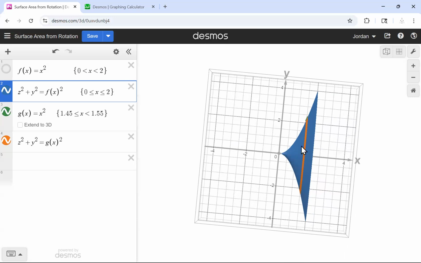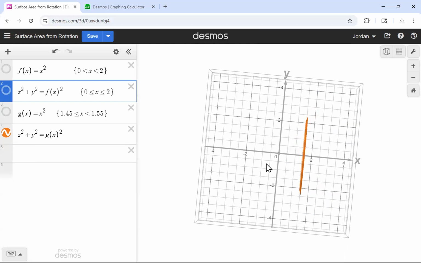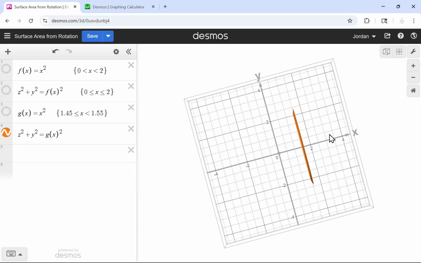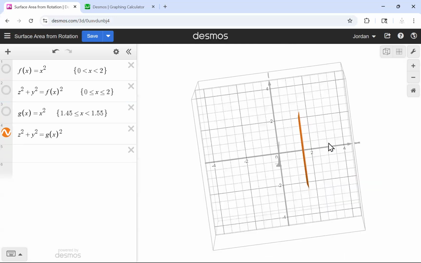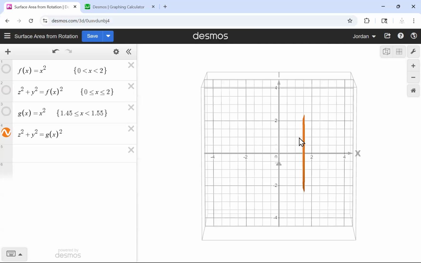If I find the area of each of these little ribbons, then sum them all up, you get an approximation for surface area, and then do our standard thing where we make the ribbons thinner and thinner and thinner and thinner.